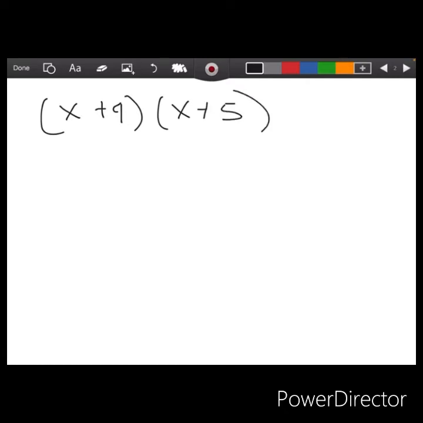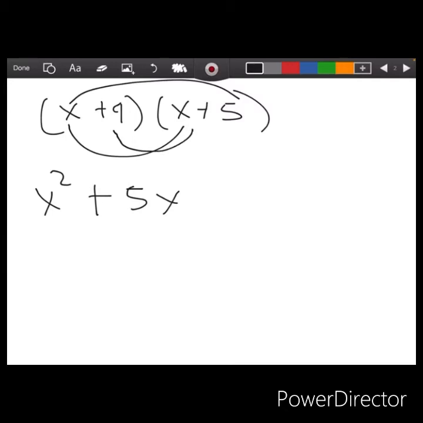By using the FOIL method, get the product of the first term to the first term, or x times x, we have x squared. Then the product of the first term to the last term, or x times 5, plus 5x. And the product of the last term to the first term, or positive 4 times x, we have plus 4x.